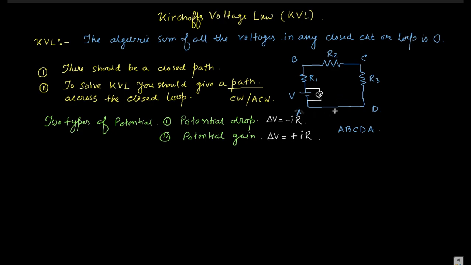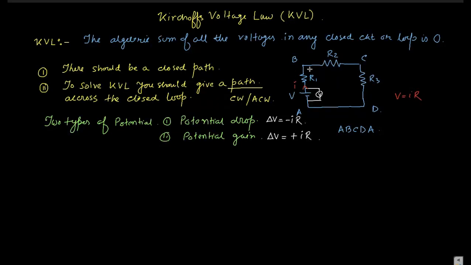This is one element, the cell. Another element where you can get some voltage drop is the resistance. In your syllabus, resistance is enough for you. From Ohm's law we know that V is equal to I into R.